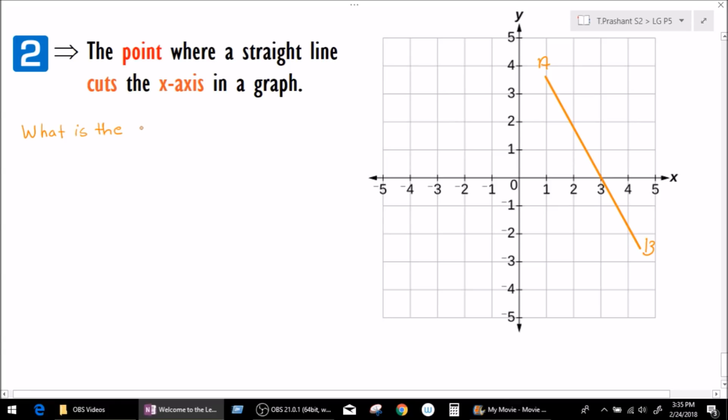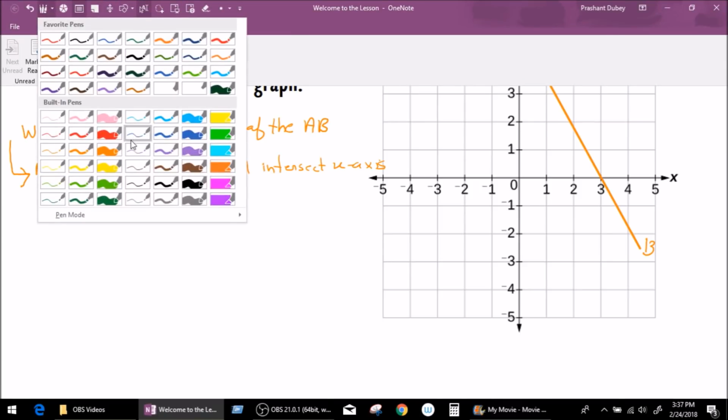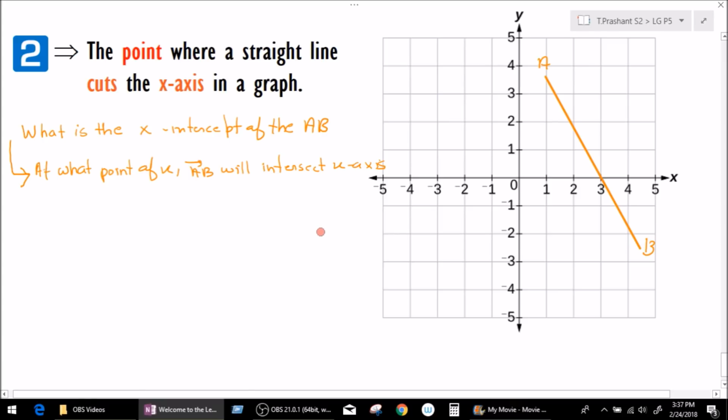So this is line AB. My question is, what is the x-intercept of the line AB? And in simple words, we can say, at what point of x will the line cut the x-axis? So where is a point where the line AB intersects the x-axis? So we have a point where the line actually intersects the x-axis. So what do we do with this point? We do nothing special, but just write the coordinate.